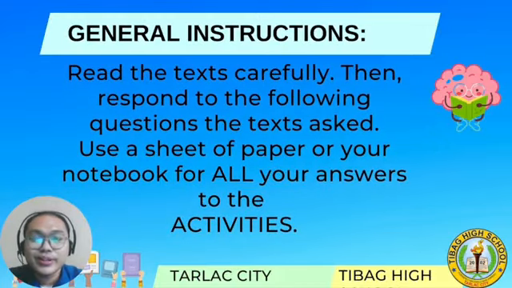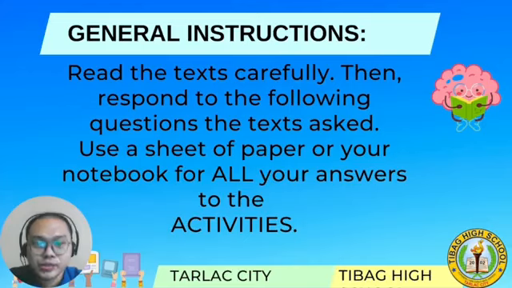General instructions: read the text carefully, then respond to the following questions the text asks. Use a sheet of paper or your notebook for all your answers to the activities.